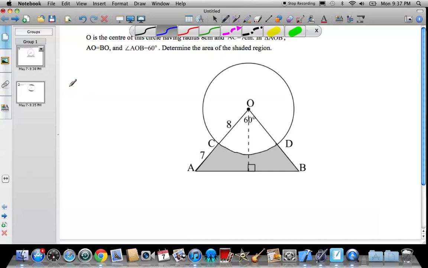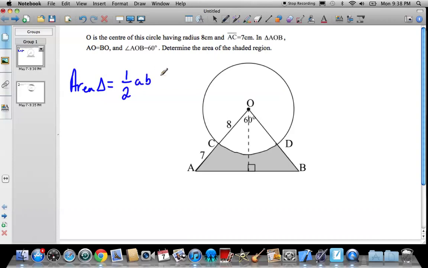A really important formula to remember: area of a triangle is equal to, and the one that we're going to be using exclusively here, for the most part, is 1/2 AB sine of C. If you look here, this is our A, this is our B, this is our included angle.